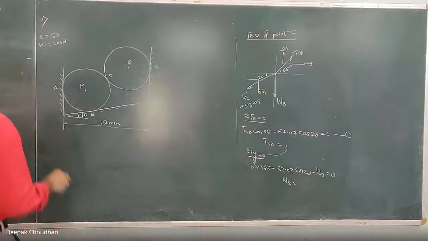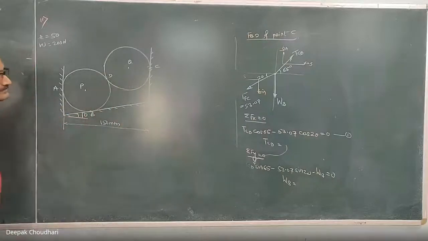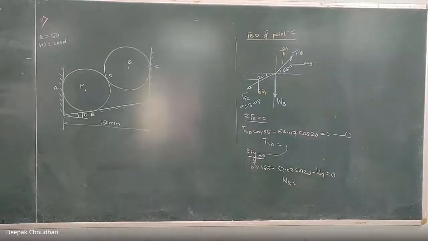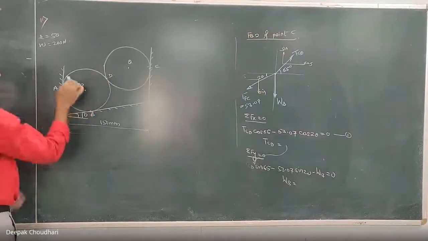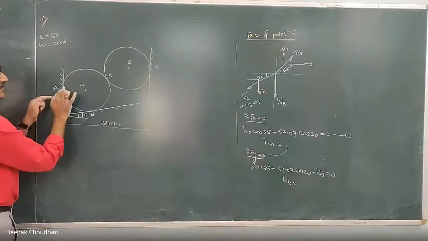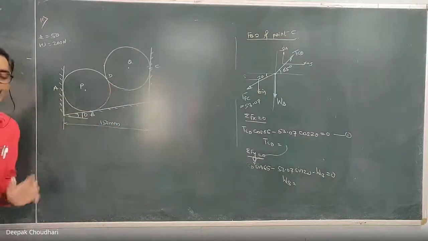All the point of contact means you have to calculate the reactions at points A, B, C, and D. Understood? Here, abhi dekho, these two bodies are in contact with these surfaces and just touching the surfaces. Means all these surface support at point A, B, C are the smooth support.